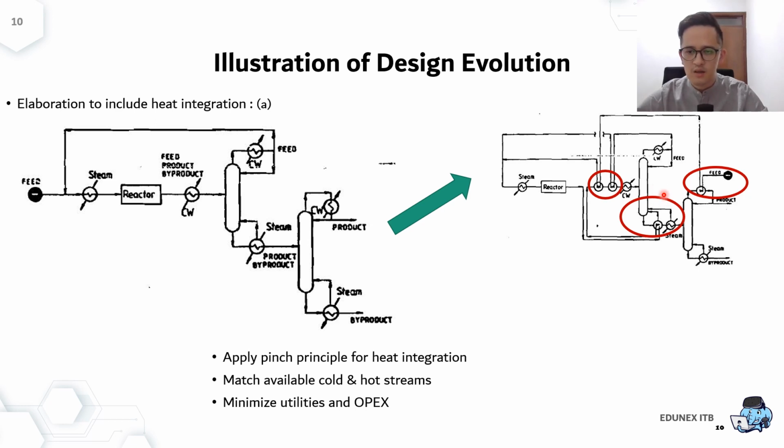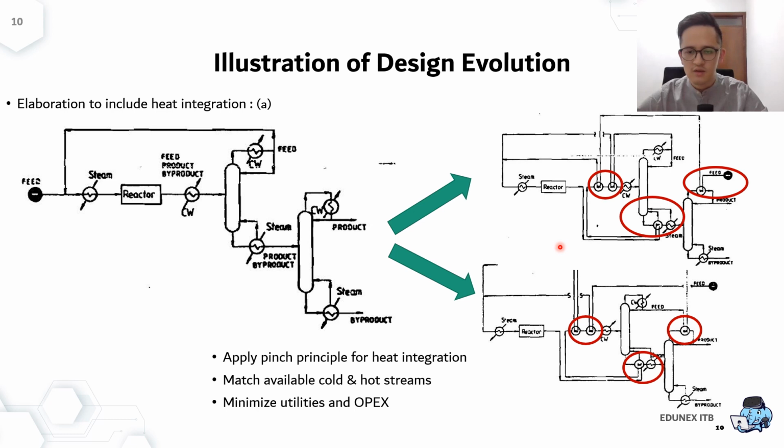You take some of the heat, and then it's cooled again in the internal heat exchanger to heat the preheated feed. And then in that case, you will have a cooler using cooling water, but at a much lower utility required. This is the first option. Maybe there are second, third, fourth options, and so on. So those will be the steps that you have to decide at this stage.